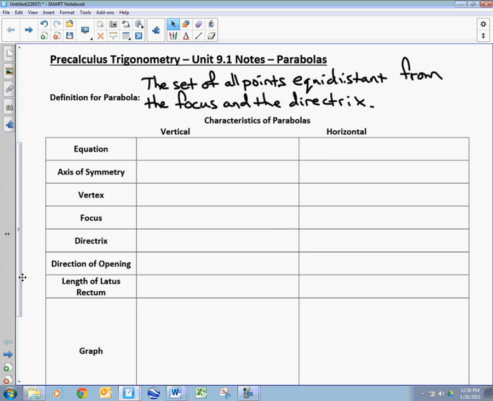So what we need to do now is talk about what the focus and the directrix are. After you get that down, we'll flip to a new page.